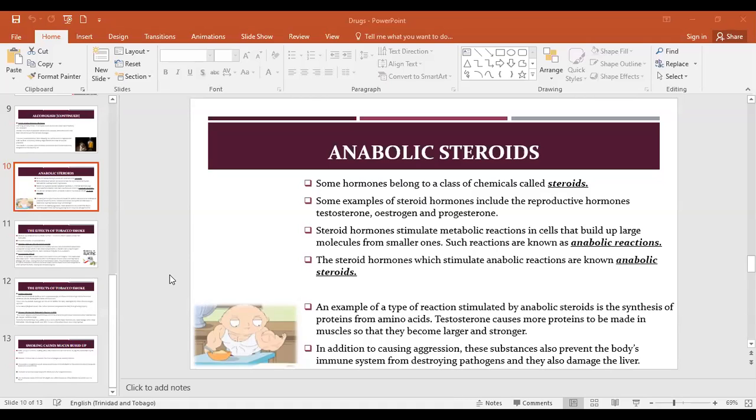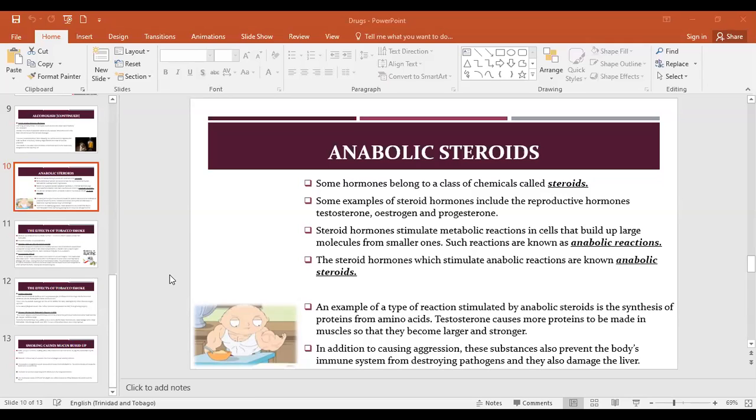Now, hormones can belong to a class of chemicals known as steroids, right? So some examples of steroid hormones are your reproductive hormones, like testosterone, estrogen, progesterone. So these are steroid hormones that are naturally produced in your body, all right? And what happens is that these steroid hormones build up cells.